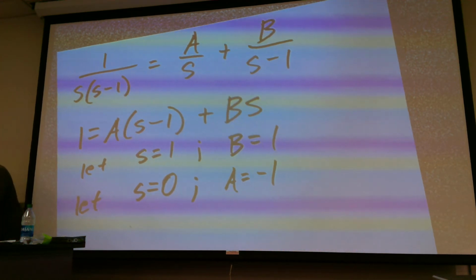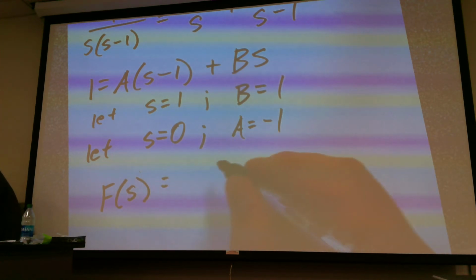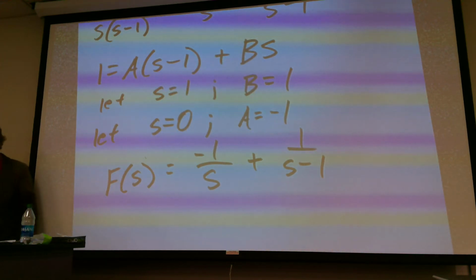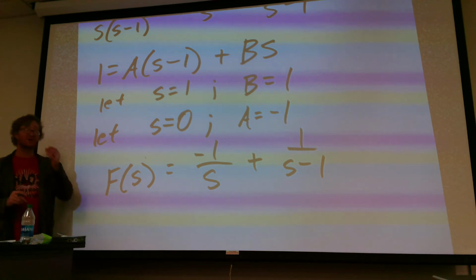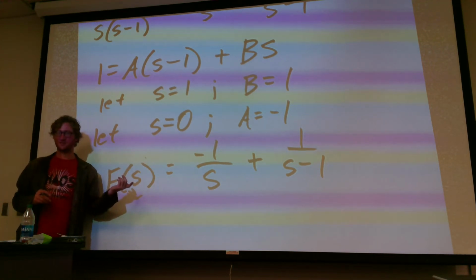So what are we getting from this? We're getting that F(s) is going to equal negative 1 divided by s plus 1 divided by (s minus 1). Now that we've done this, we can do the inverse Laplace transforms of these two pieces right here.